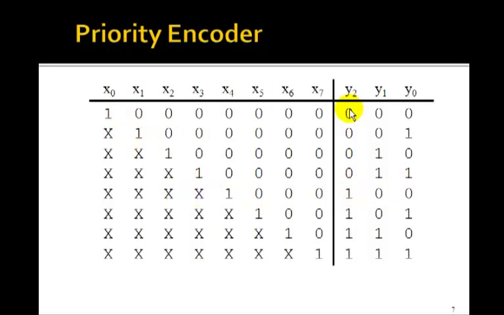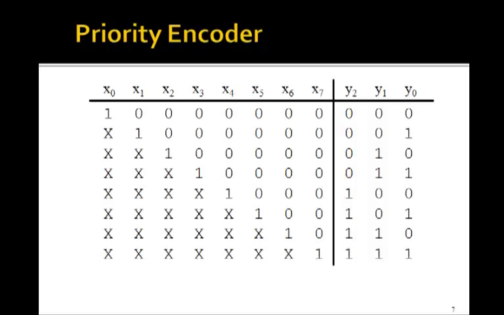If x0 is 1, you get 0. If x1 is 1, the output is a 1, no matter what x0 is. If x5 is a 1, the output would be a 5, and again, any of these x's, don't cares, could be 1s. x7 is the highest priority. That is, if it's a 1, then the output is 7, regardless of what all the rest of the x's are.